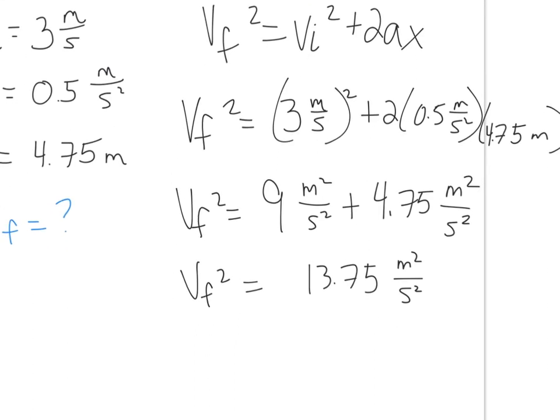Square rooting both sides. So to get vf by itself, it's the square root of 13.75 meters squared per second squared, which makes my units just meters per second. Right? If I square root a square, what happens? They cancel. Right? The square root of m squared and the square root of s squared is just m and s. Square root of 13.75, 3.7. People agree?